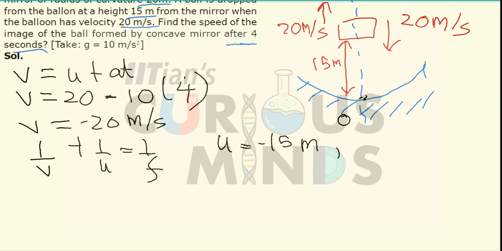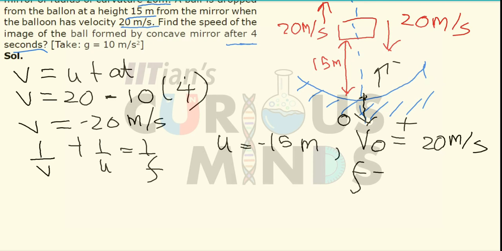The velocity of the object, which is approaching the mirror: if I consider the downward direction as positive and the upward direction as negative, it will be positive 20 meter per second. The focal length remains constant; it does not change.